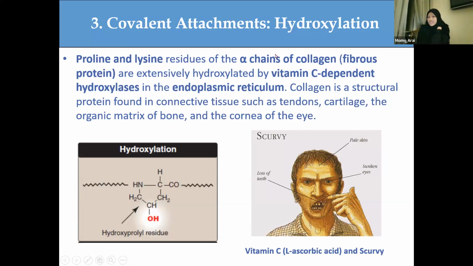Meaning that this process needs vitamin C in your diet to happen. And this takes place in the ER as most of the things happen. So you don't need to really memorize that, just know that it happens in the endoplasmic reticulum.